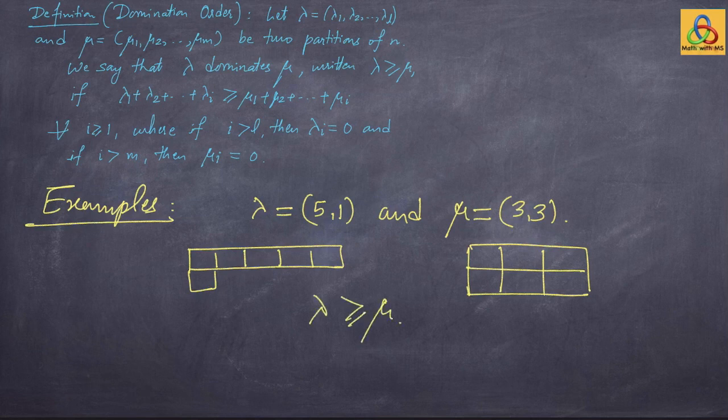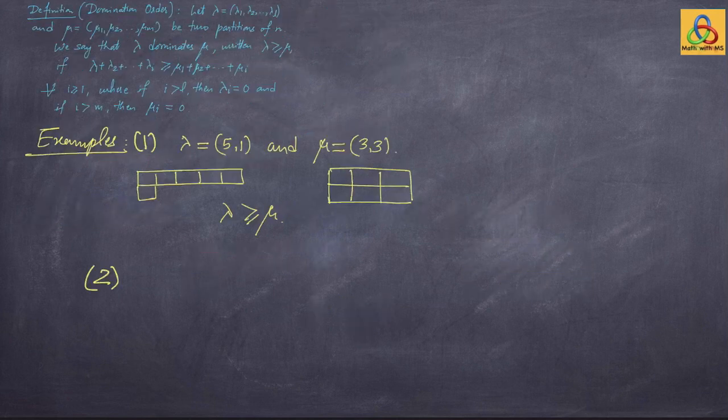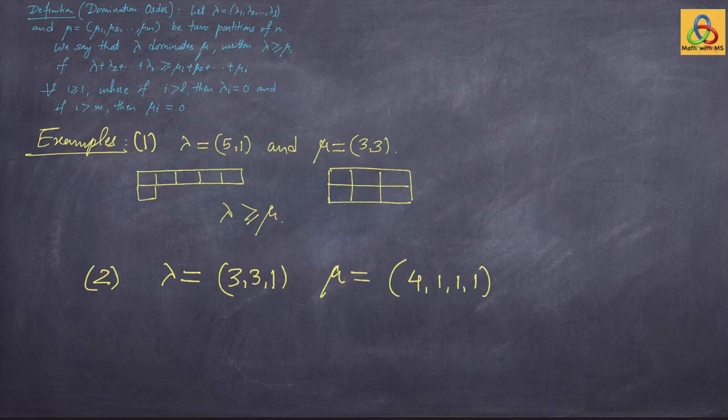Notice that the domination order is not a total order on the set of all partitions of n. You could have two partitions which are not related to each other. For example, take lambda to be (3, 3, 1), then lambda is a partition of 7, and take mu to be (4, 1, 1, 1), mu is also a partition of 7. Then, what is the Young diagram of lambda?